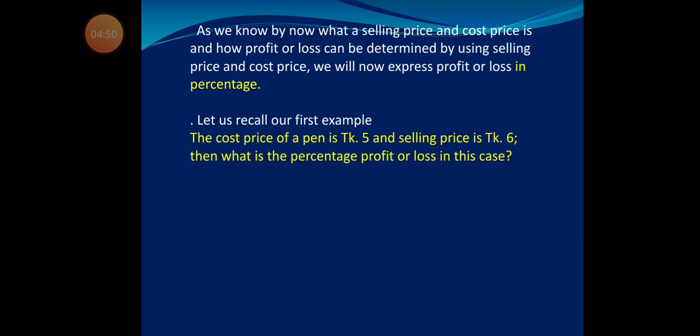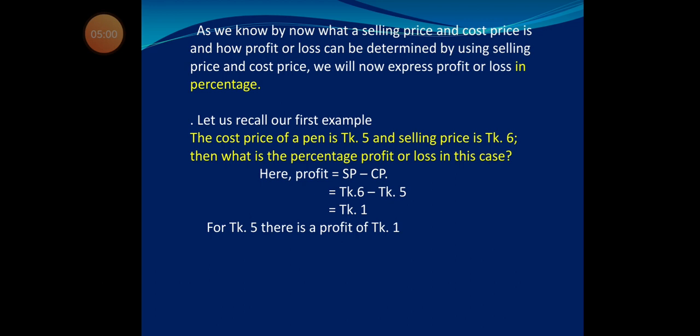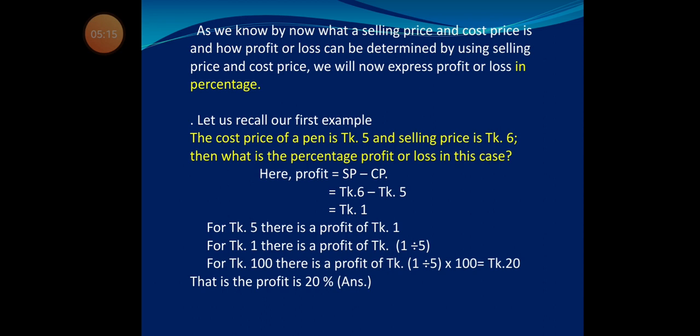As you know, here the selling price is higher than the cost price, so the profit is taka 1, as taka 6 minus taka 5 is taka 1. Now we will express this profit in percentage. Observe that you are gaining taka 1 by investing taka 5. I mean, when the cost price is taka 5, you have a profit of taka 1. For taka 5 there is a profit of taka 1.